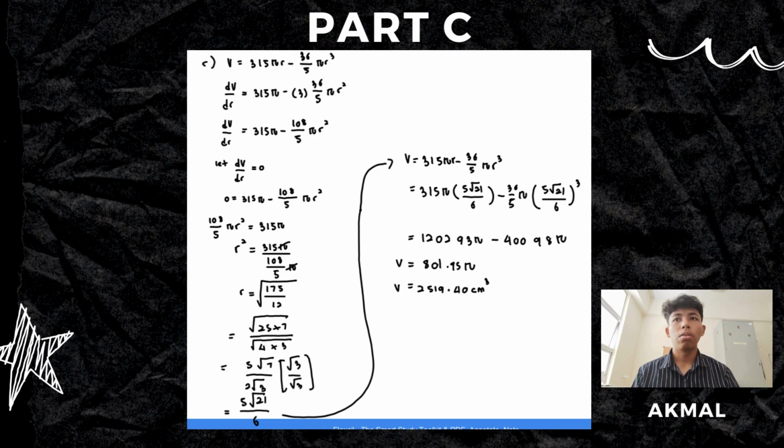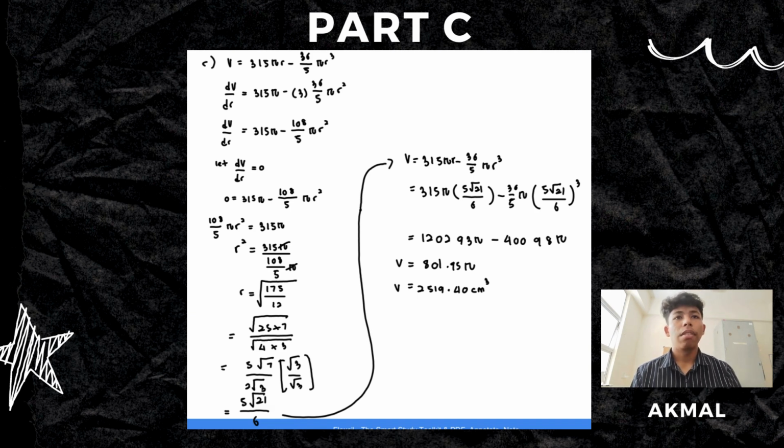Next, we will go to find the maximum volume of both cylinders. So all we're going to do is just put r into our first equation, that is V equals 315 pi r minus 36 over 5 pi r to the power of 3. After we have put r in the equation, the value that we get is 1,202.93 pi minus 400.93 pi.